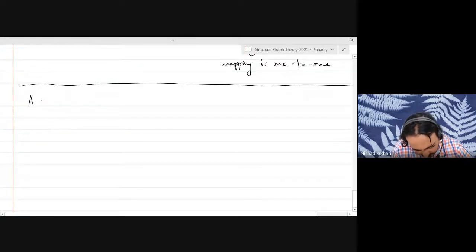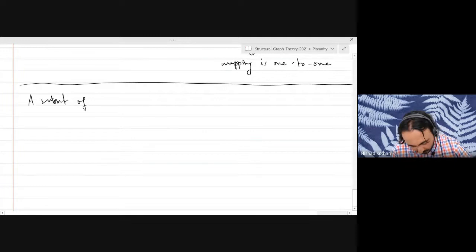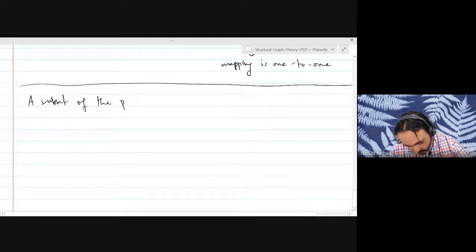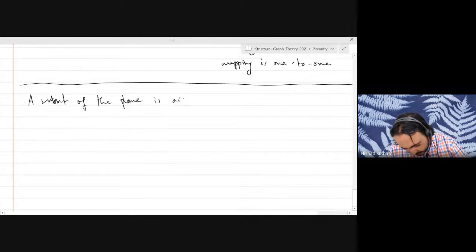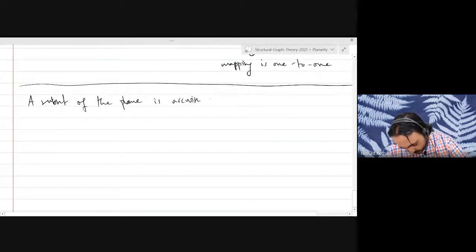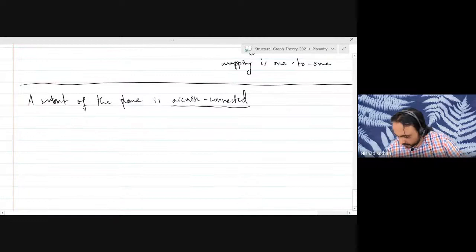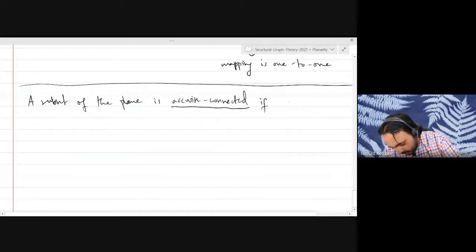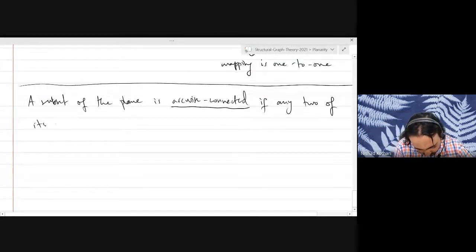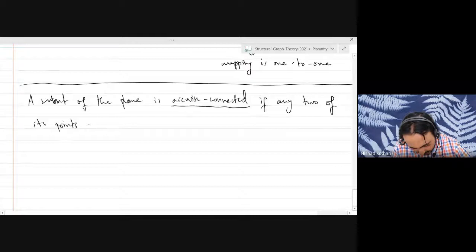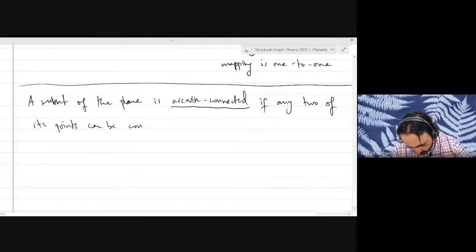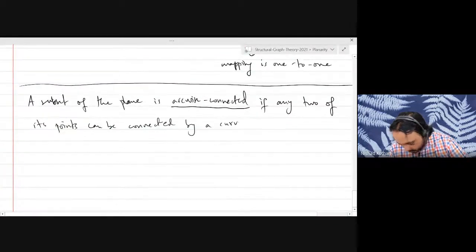A subset of the plane is arcwise connected if any two of its points can be connected by a curve lying entirely within the subset.